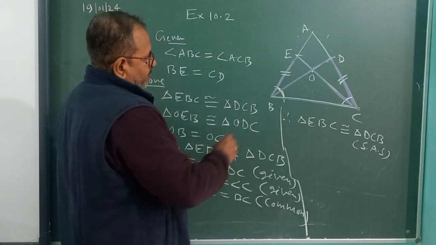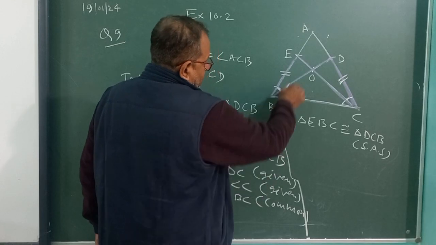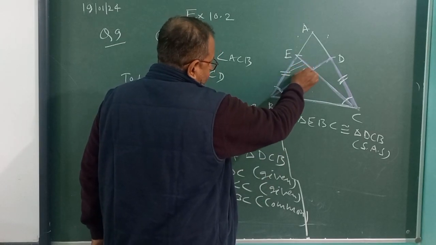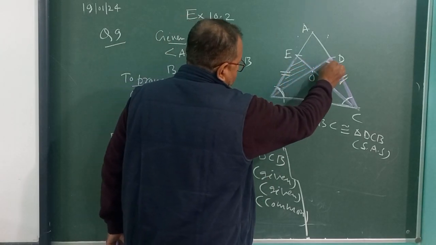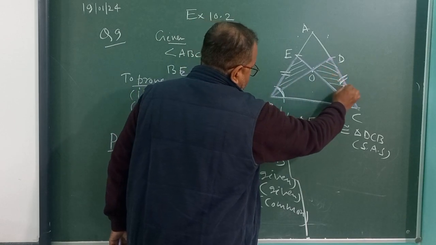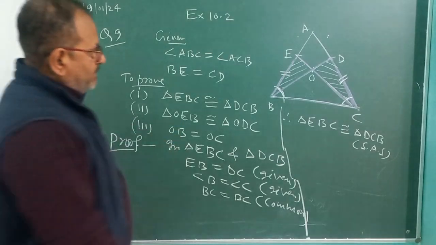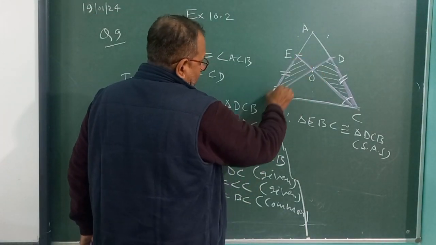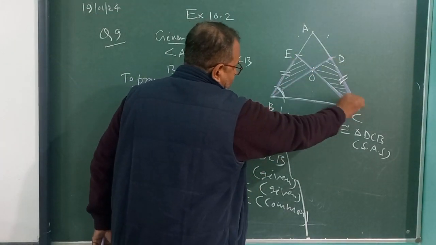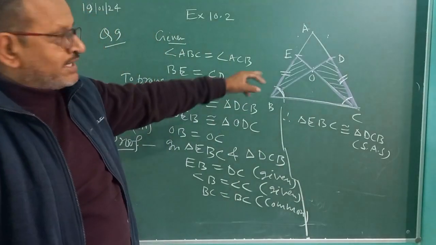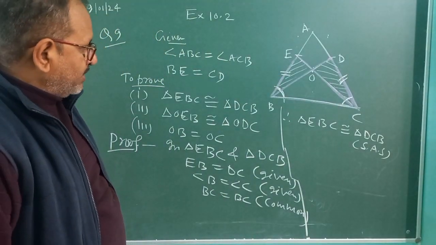Now we have to prove, second part, we have to prove that OEB and ODC, these two triangles, we have to prove congruent.